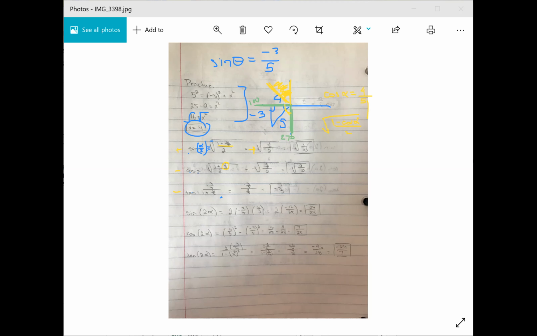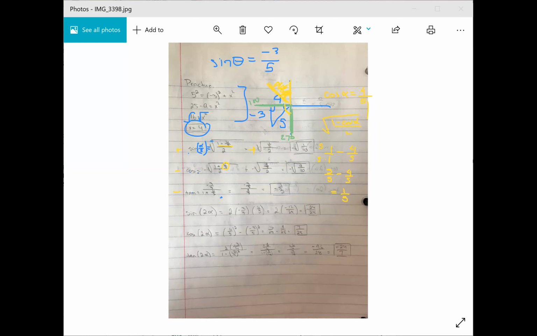If you want to get the 1 with the same denominator to subtract, you rewrite this over 1, and you have to have the same denominators. The denominator here is 5, so we multiply by 5 on both numerator and denominator, and that turns into 5/5 minus 4/5, and this is equal to 1/5. That's how you can do that.